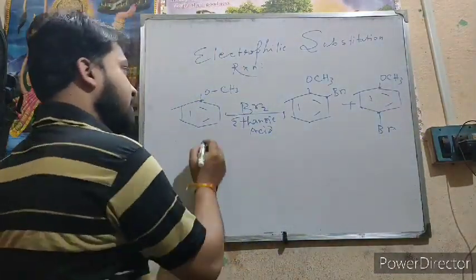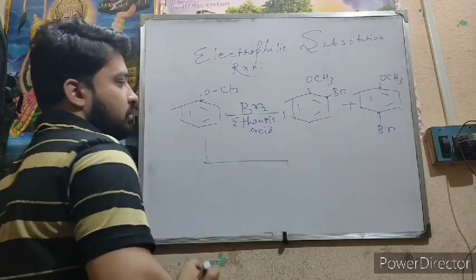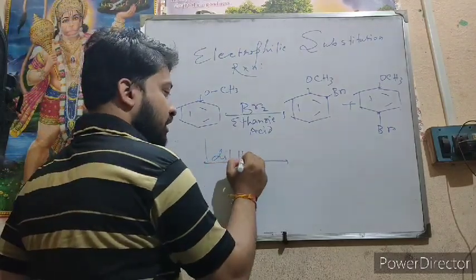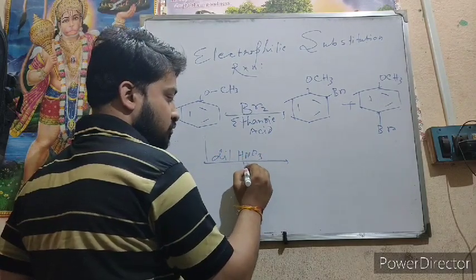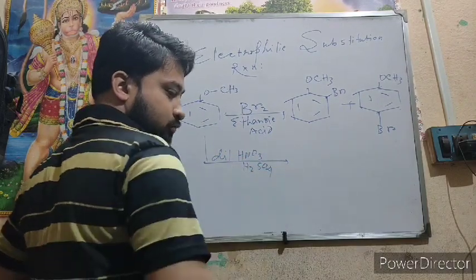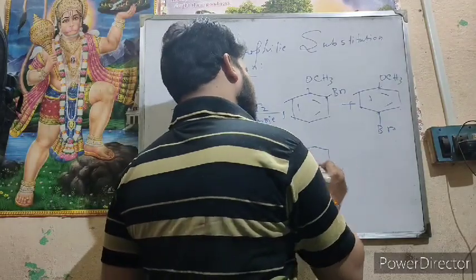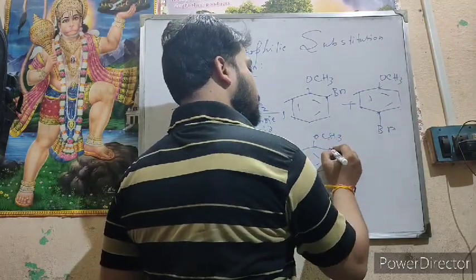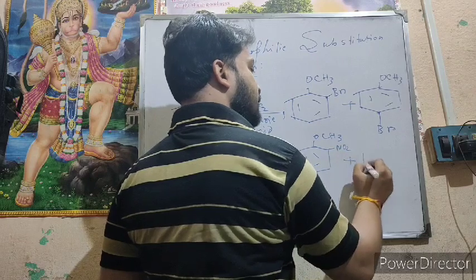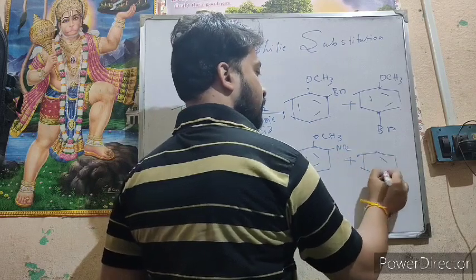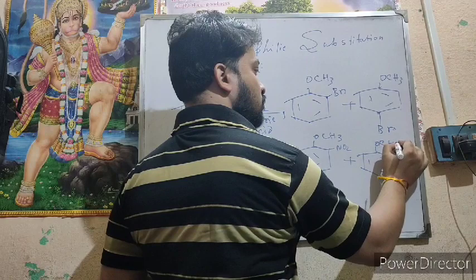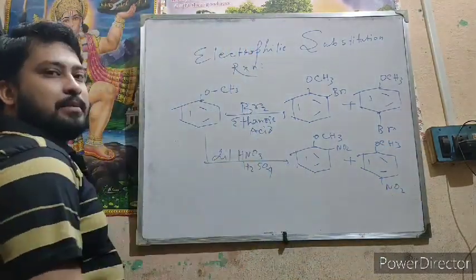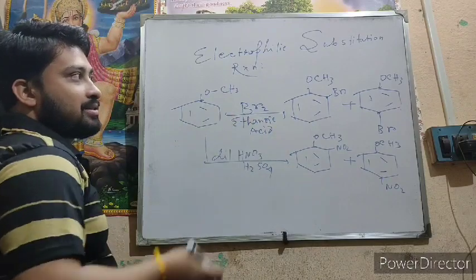So the next one is, if the process is nitration with dilute HNO3 and H2SO4, you get NO2. As you get NO2, OCH3 NO2 plus OCH3 NO2. Those are very similar to haloalkane, to the previous reaction.